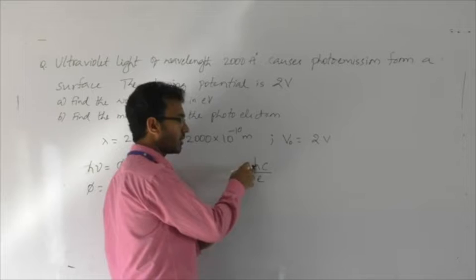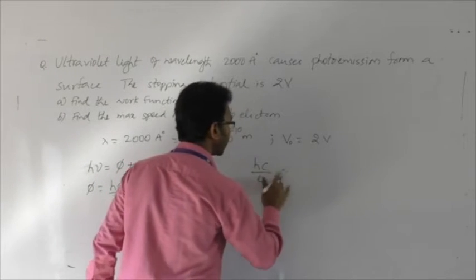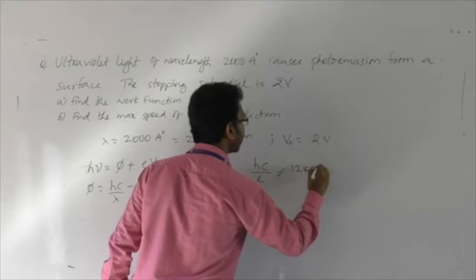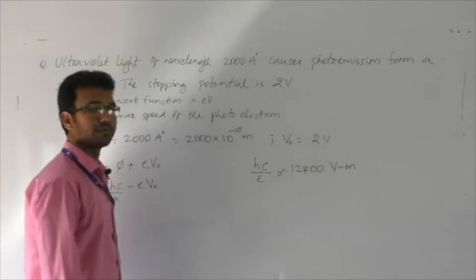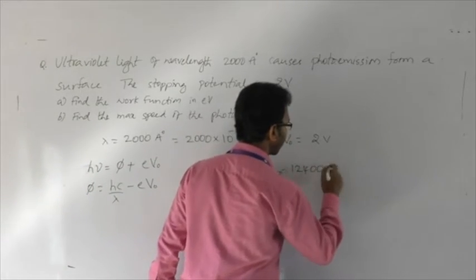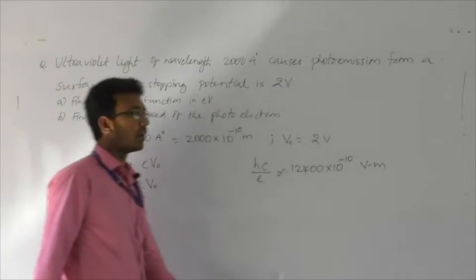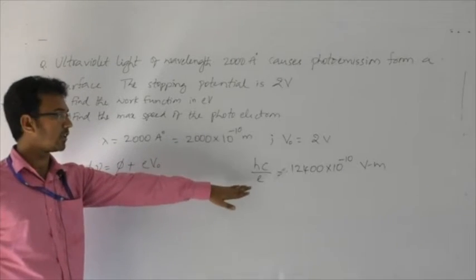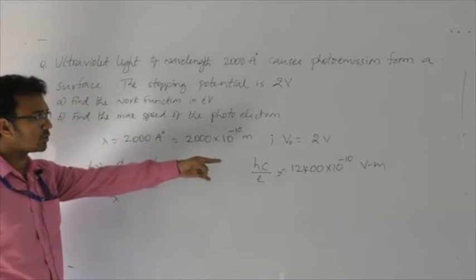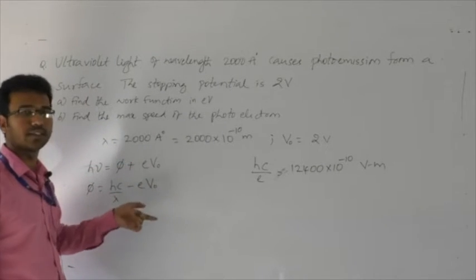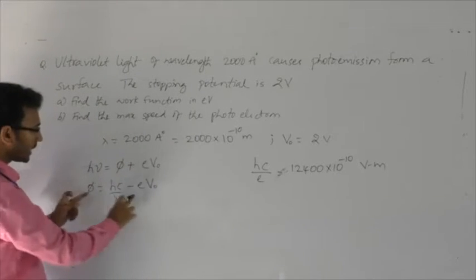If I put Planck's constant, multiply with speed of light, divide by charge of electron, its value is approximately 12,400 into 10 power minus 10 volt meter. Instead of putting the value of Planck's constant and speed of light every time in the problem, we can simply use that value, so that our calculations become easy. I'll show how this works. Now since we know hc by e, what I do is divide by e.